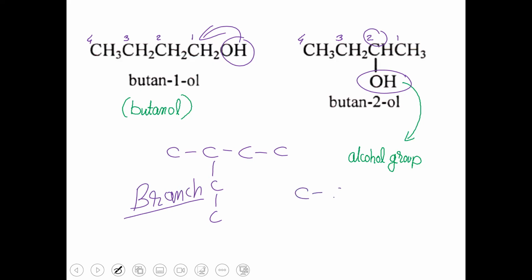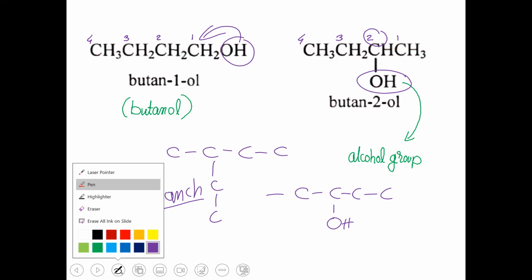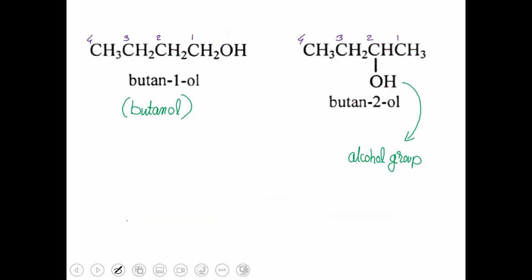But if I connect carbons like this and I attach an OH group, this is not a branch, because it does not contain carbon. So this is my next concept. What is position isomerism? It is the difference in positions of a group, but it is not a carbon chain. This is called position isomerism.